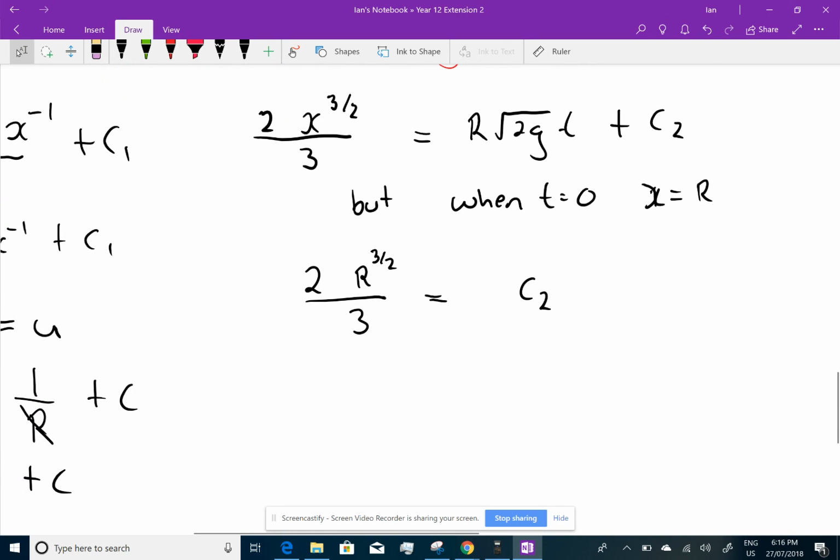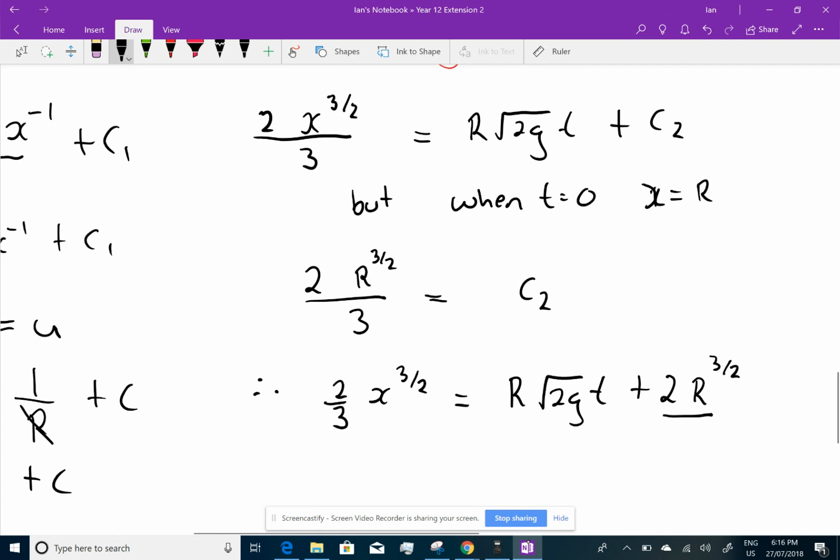So my equation, 2/3 x to the 3 on 2 equals r root 2g t plus 2r to the 3 on 2 over 3.